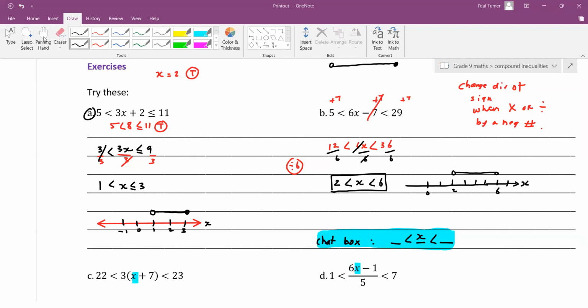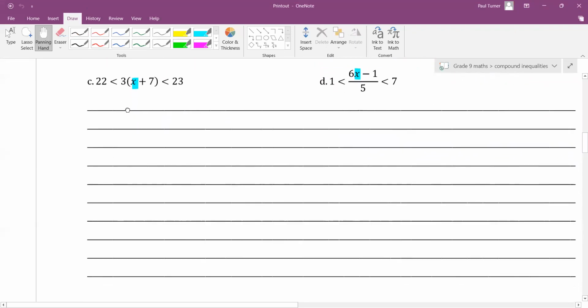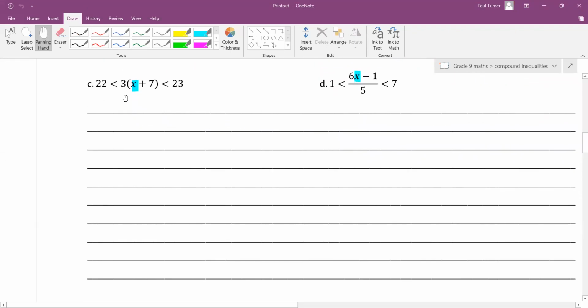So how about C? Why don't you try this one? Okay, so do C the same way. Right, I'll wait for your answer here. So label the question C, because sometimes I get messed up. I couldn't follow what you were answering. So in your chat box, put C, and then your answer here.